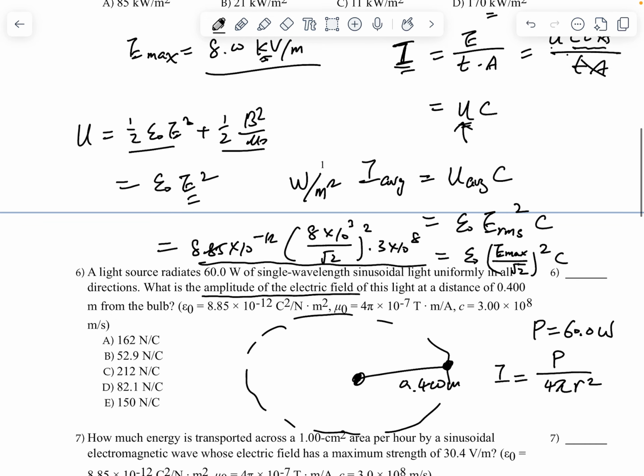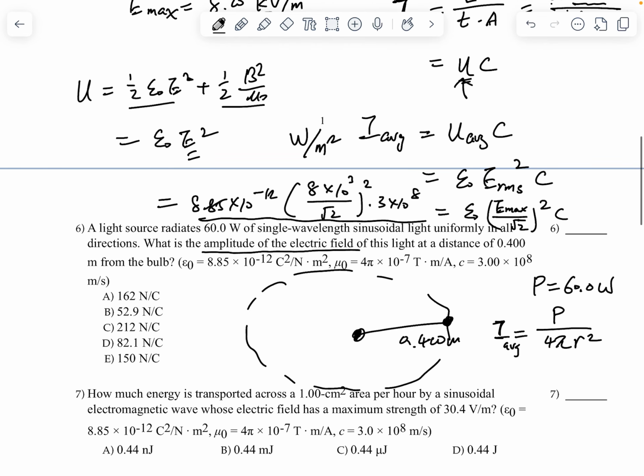From the previous question, the intensity you get is the average intensity.